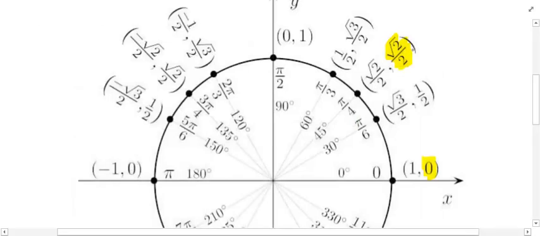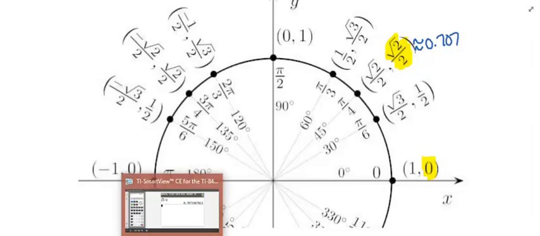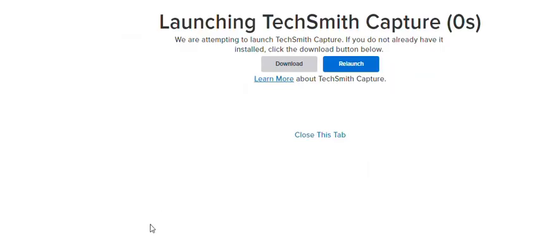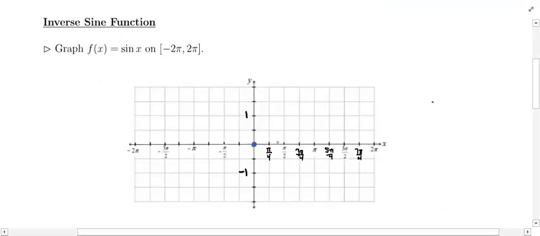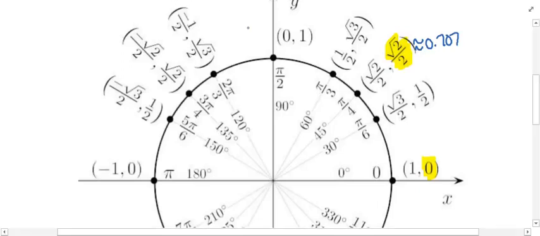I'll write that down. So at pi over 4, you're going to plot the point 0.707. You're just going to have to eyeball it. It's going to be between 0.5 and 1, closer to 0.5. And then if you go to pi over 2, the sine of pi over 2 is exactly 1. So we can plot that.